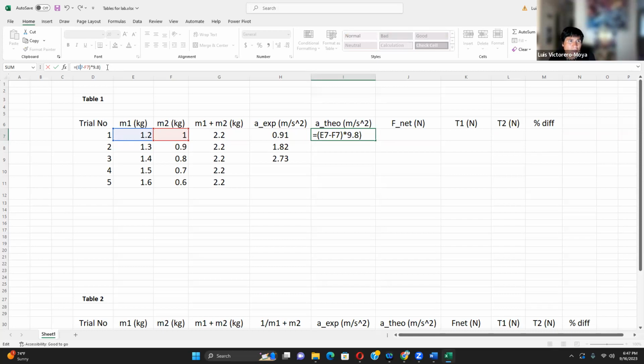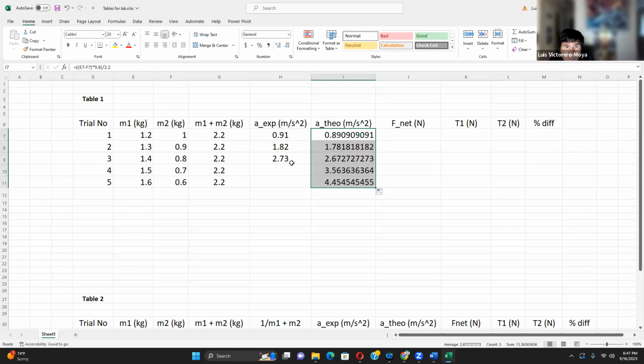Then another parenthesis, you probably don't need them, but just in case, all divided by the sum of the masses, which you can just put 2.2. So close as you expect. And then you can bring this down and it should give you all the accelerations. So there you are, very nice.